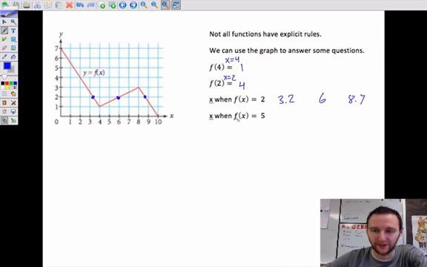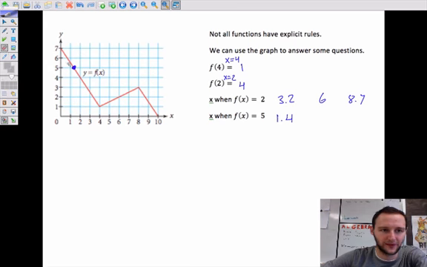And then the last one, x when f of x equals 5. We're looking at the vertical axis where it equals 5, and this is the only point where f of x is 5. If we estimate, it's right at about 1.4 or so. These are x values, so x equals 1.4 right there.